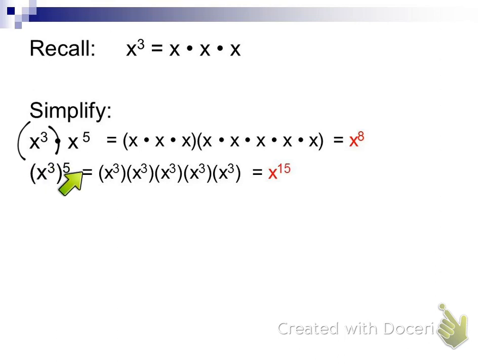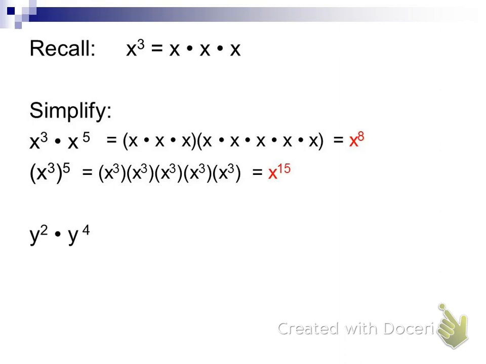So that's when you would multiply them, okay? Here we have 3 x's and 5 x's, that's 8 x's. Here we have 3 x's 5 times. That's when we multiply. And we'll practice that a lot today. Any questions so far? If you can understand that, you're gonna be golden, okay?